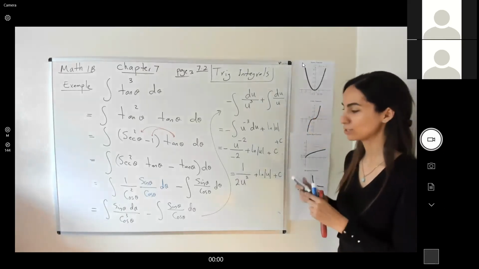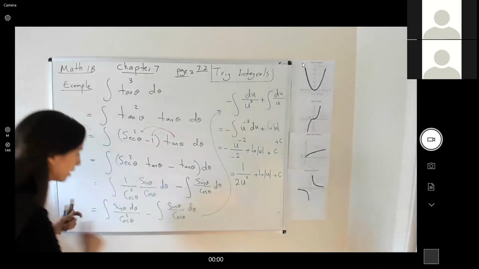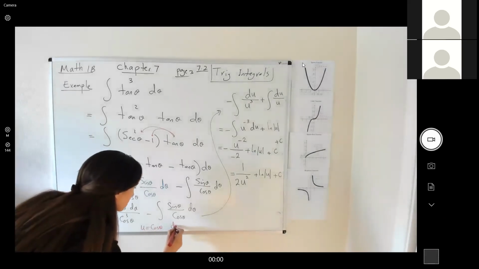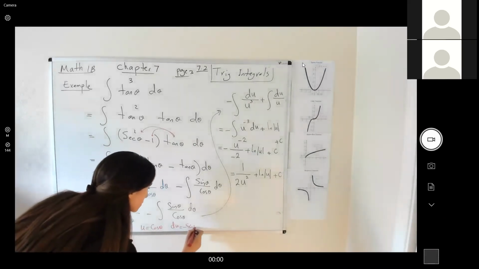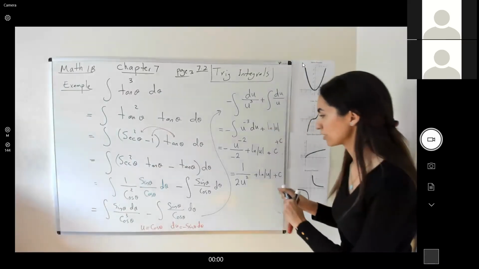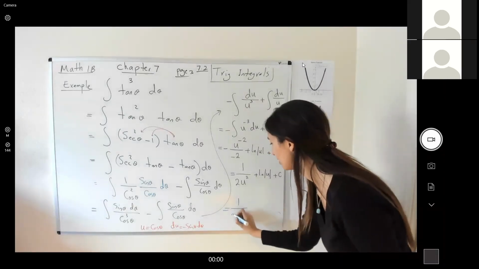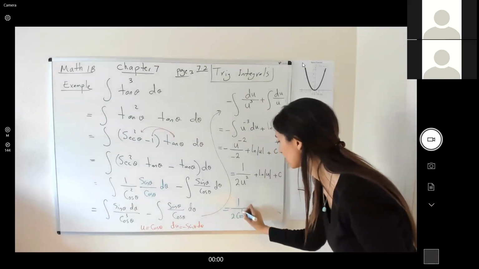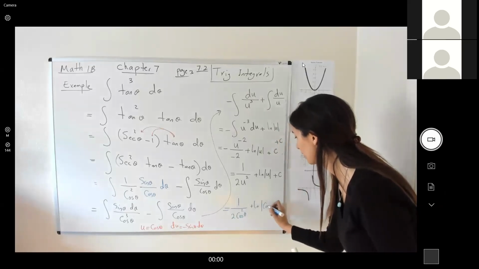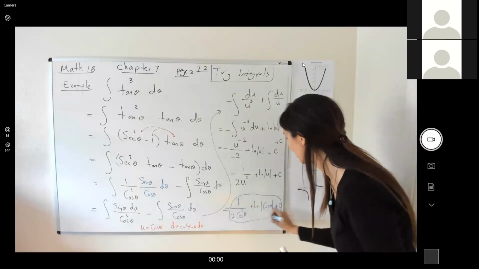But what is u? U is cosine of theta. So your integral is equal to 1 over 2 cosine squared of theta plus ln of absolute value of cosine theta plus constant of integration.